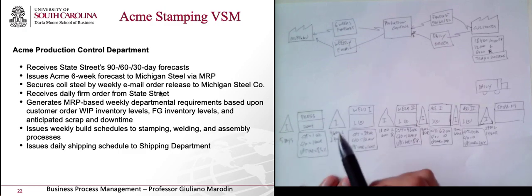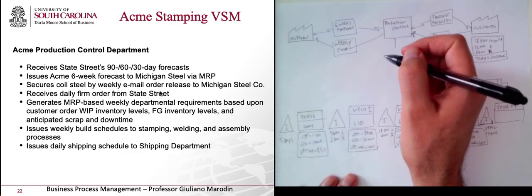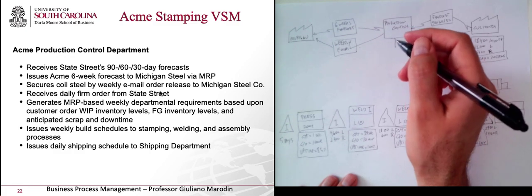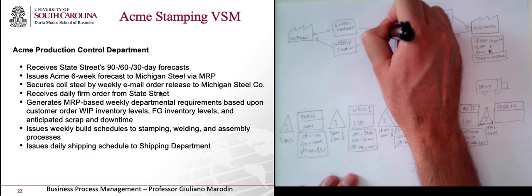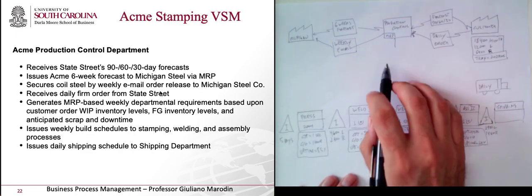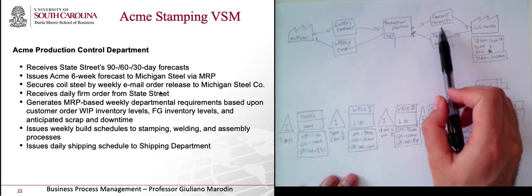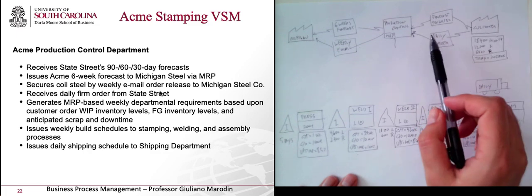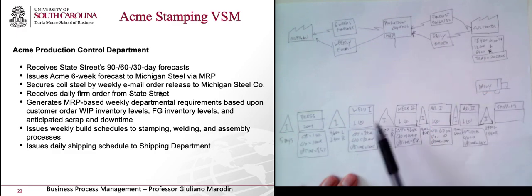Okay. Then they generate a weekly MRP system here. So they have the MRP to help them out, the material requirements planning, that will look at the demand for, let's say, 2 weeks ahead of time or a month ahead of time. We'll look at the inventory at each point.